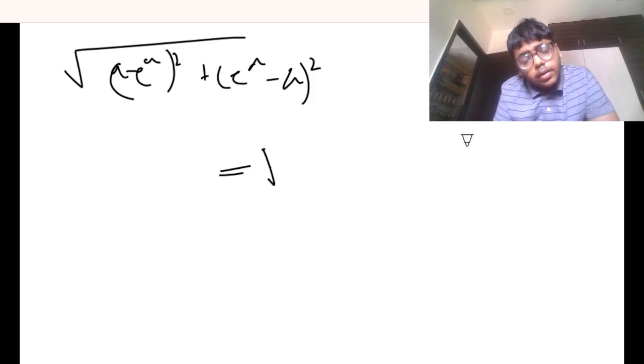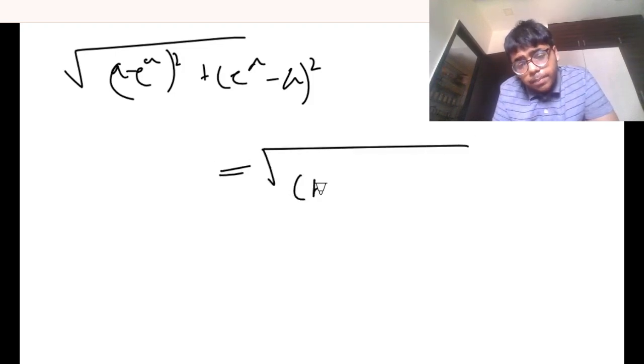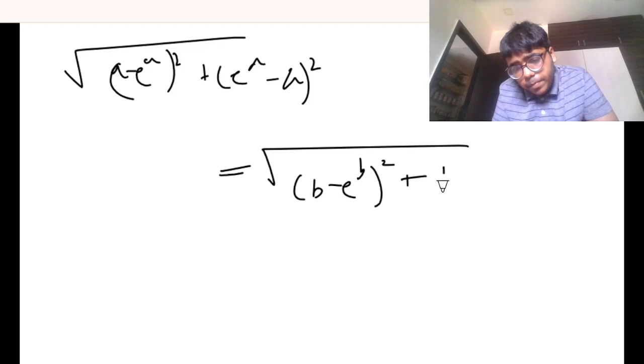What is the distance BC? It is the square root of (b minus e^b) whole square plus (e^b minus b) whole square.